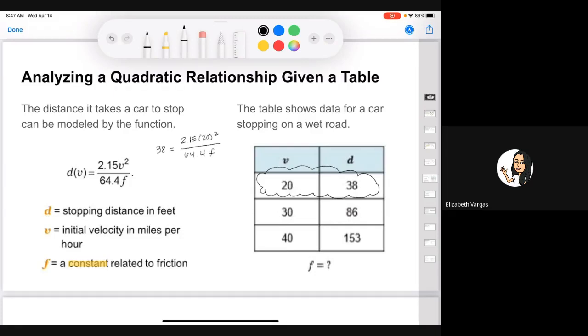And so what I'm doing here is I'm looking for my f, because I need to know that constant in order to use this equation to solve for anything else. So how do I do this? It takes up 67.4, multiply on both sides, allows me to cross that out. That's 67.4.